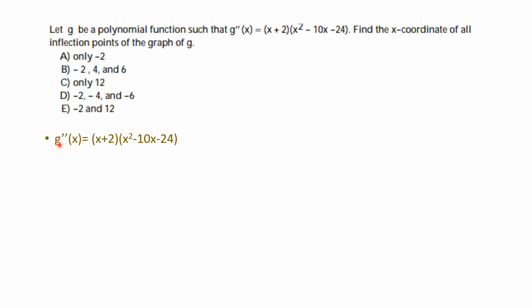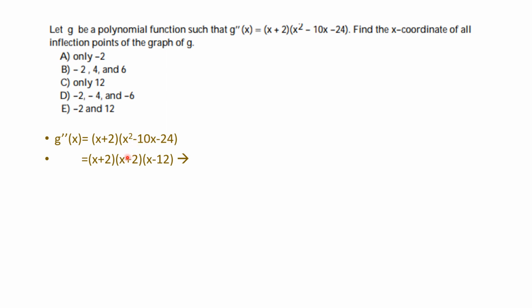G double prime equals x plus 2 multiplied by x squared minus 10x minus 24. We can go ahead and rewrite it as follows. X plus 2, we will leave as this, and then we will look at this quadratic equation and factor it into two factors.